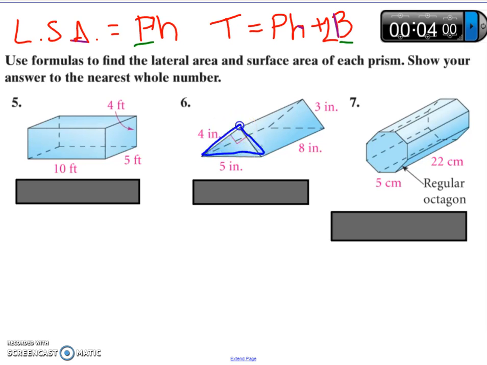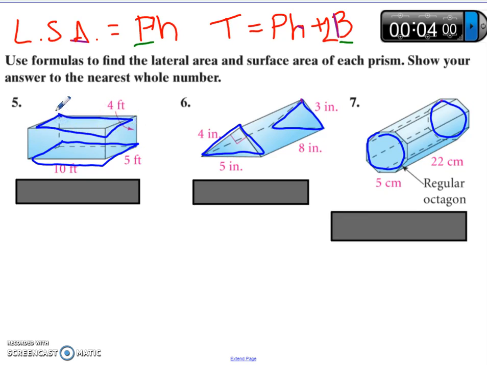The triangles here are the bases, and then the octagon here is the base. And then when you have a prism that's all rectangles and squares and stuff like that, it doesn't really matter what the base is. But I'm going to use the bottom in this case just because I like the top and bottom of the base.